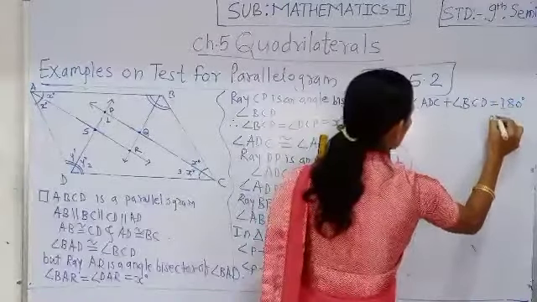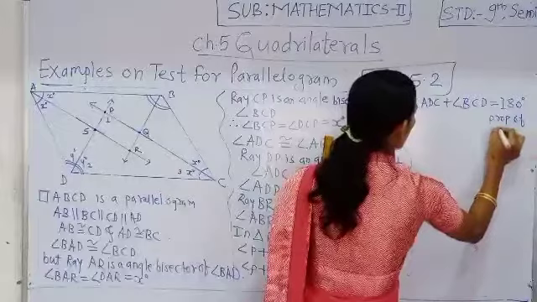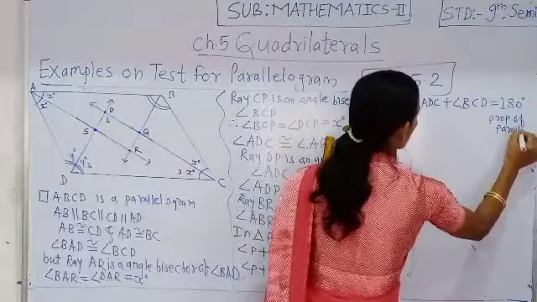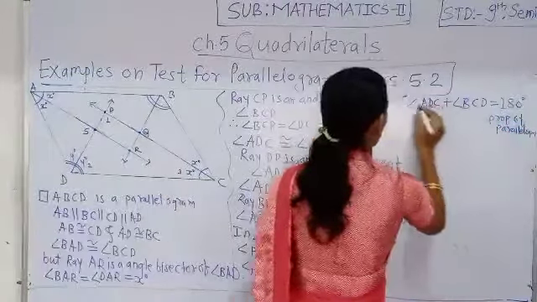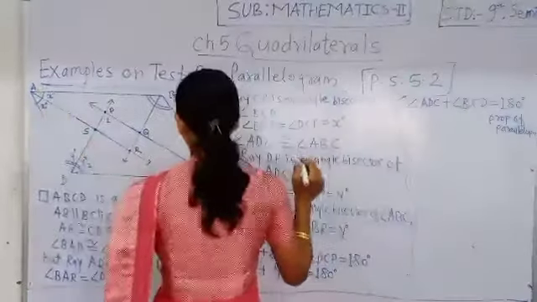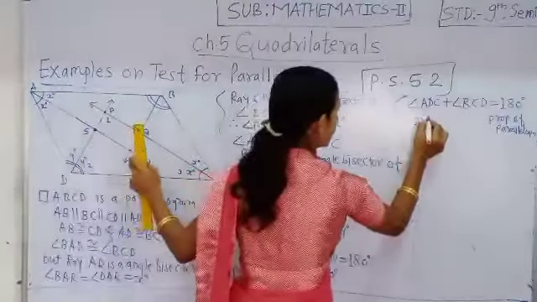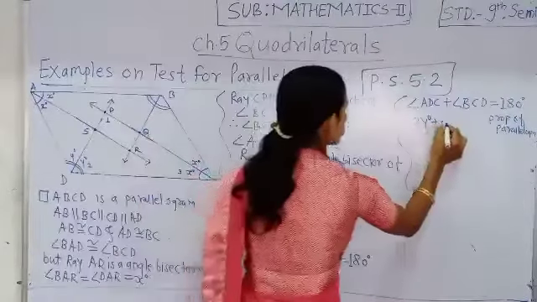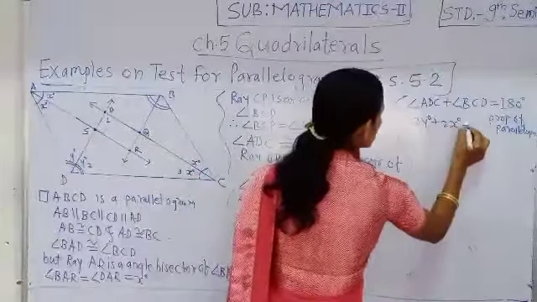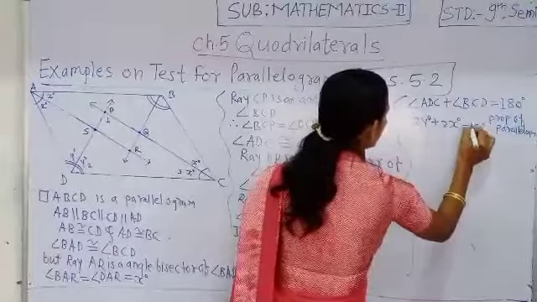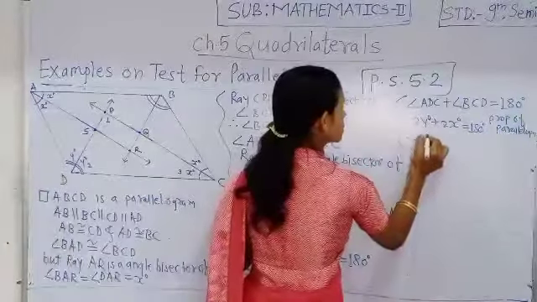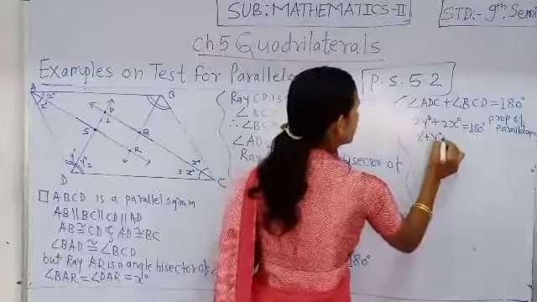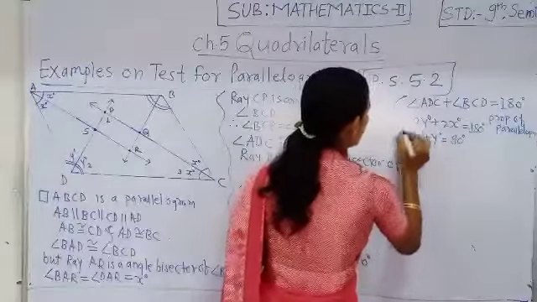That is the property of parallelogram. And here angle ADC means 2y degree plus angle BCD, which is of 2x degree, is equal to 180 degree. Therefore, here x plus y degree is equal to 90 degree.